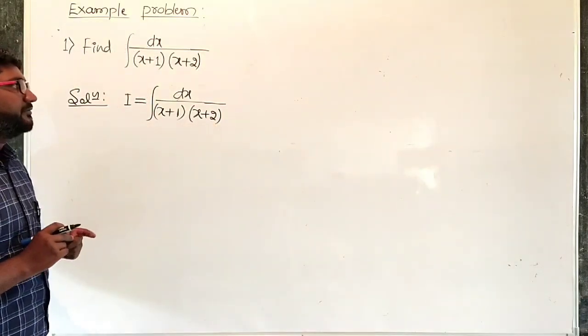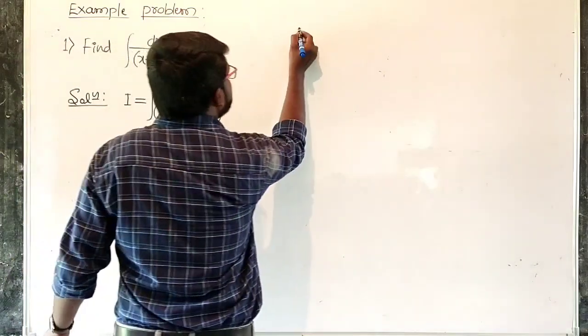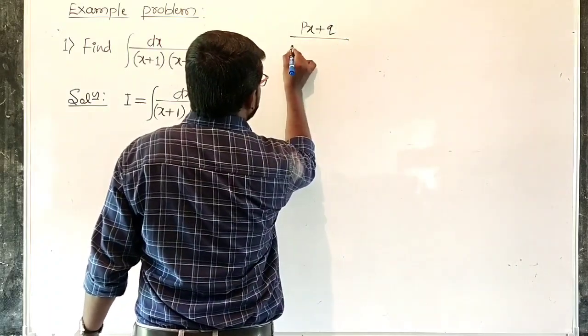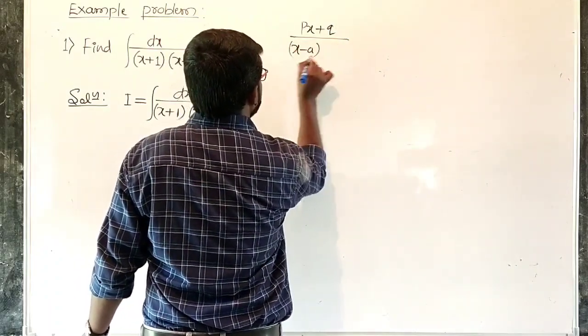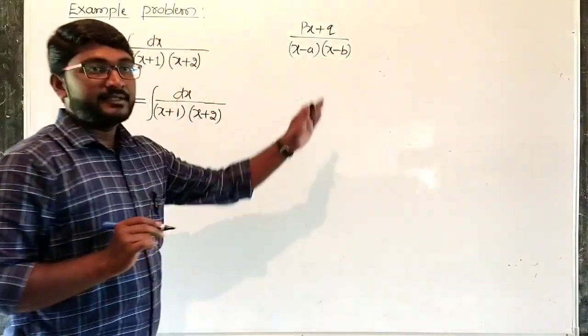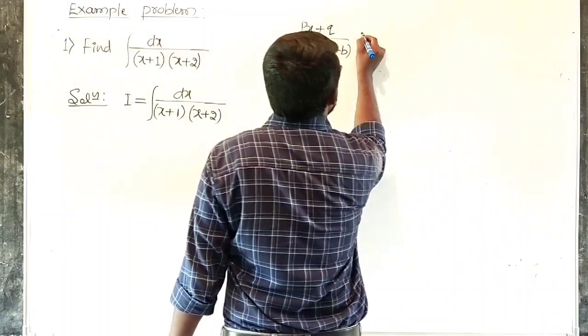Now we should go back to the table. See serial number 1. There it is (px plus q) divided by (x minus a) into (x minus b). If this is the case, then how do you write its corresponding partial fraction form?